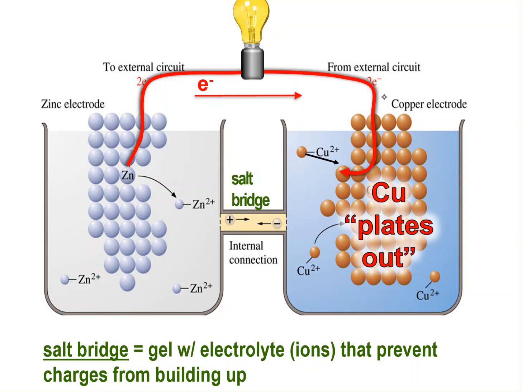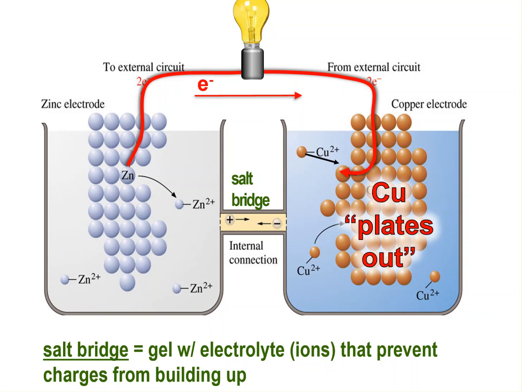The electrons come over here, and when they get on the outside near the solution, that's where an ion floating up can accept those, and it will cause it to become the solid, the neutral solid. So this electrode actually plates out. The copper will plate out. It looks like it's dissolving in this picture that I got, but actually this one would be growing. It would be getting bigger.